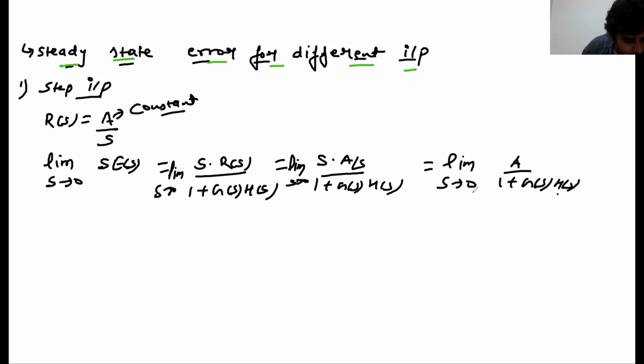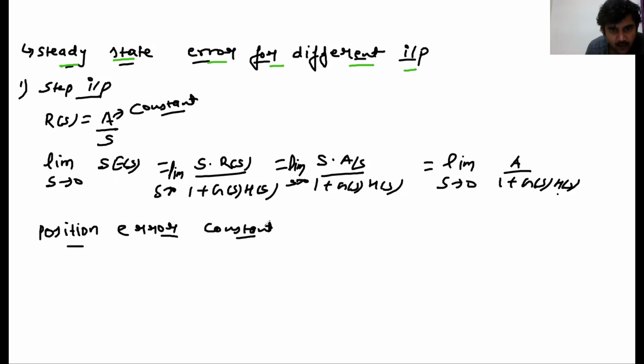Now we have to assume some constants also. So we have to study some constants. For step input, we take the term position error constant, denoted by Kp, P for position.